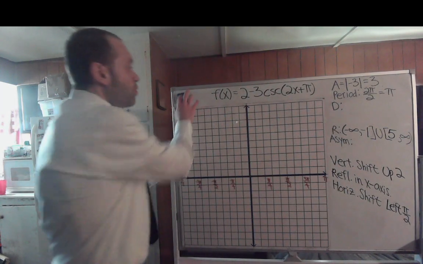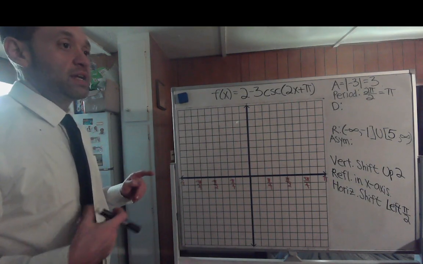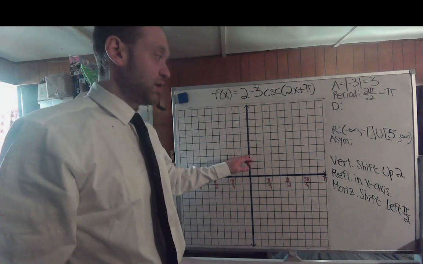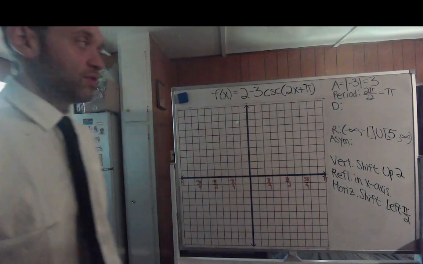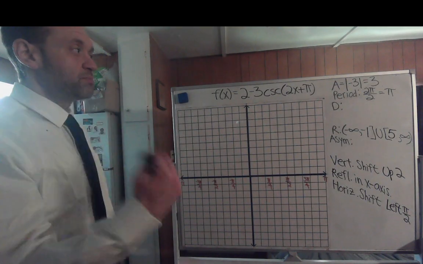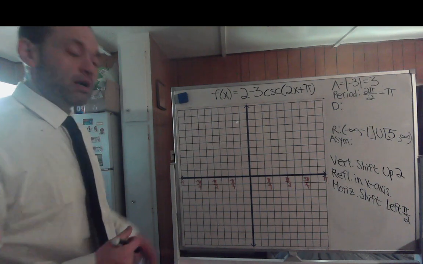Now we know what we need here. So, where is the cosecant of x normally not defined? That's normally integer multiples of pi, correct? However, if you're shifting everything to the left pi over 2 units, that's going to become odd multiples of pi over 2.